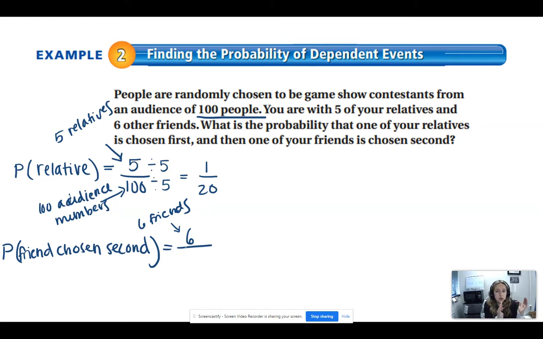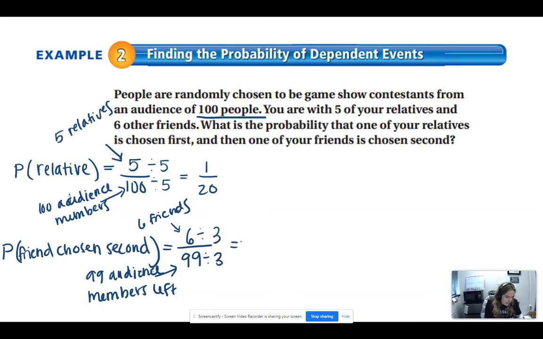We had 100 audience members, but it's asking for the probability if the friend is chosen second, which means that somebody has already been picked, so we no longer are choosing from 100 people, but we need to take away 1, and it's going to be 99 people. That's because there are 99 audience members left. Now let's reduce it. I could divide both of these by 3, and that would give me 2 over 33.